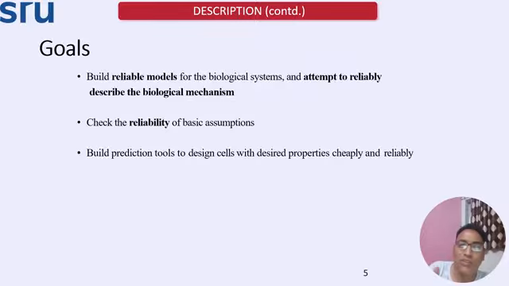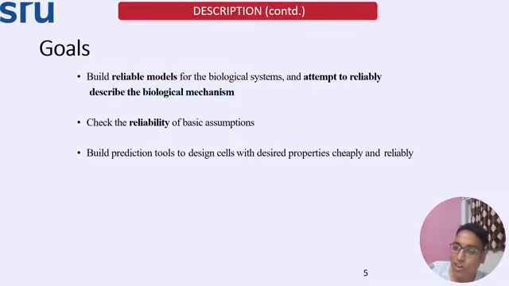Many tools like Virtual Cell and E-Cell have been developed, wherein you just give glucose to the cell in the computer and the cell will behave the way it would in the lab. So you can exactly quantify the log phase, lag phase, and various other biochemical and physical properties in the computer itself.